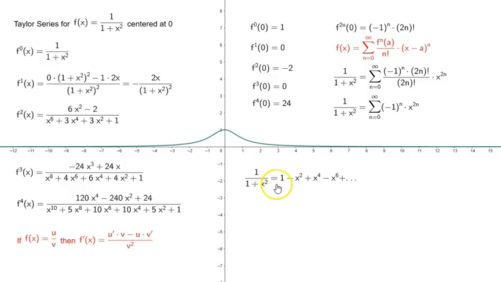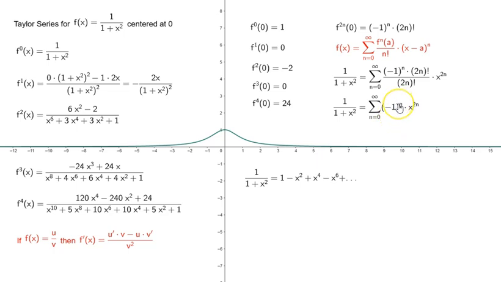1 by 1 plus x square is equal to, let's take a few terms. When n equals 0, this becomes 1, and x to the power of 0 is also 1. So 1 times 1 is 1. Now let's take n equal to 1.